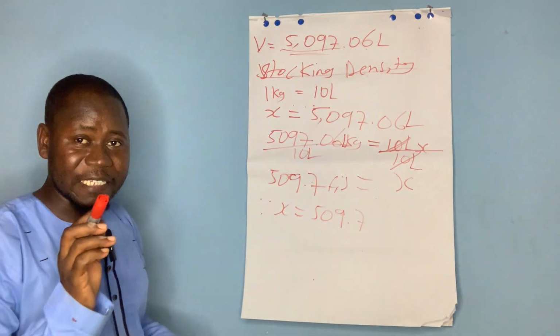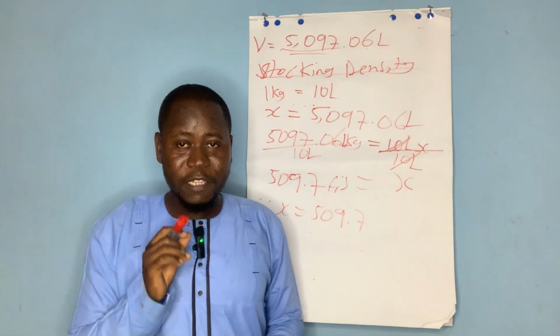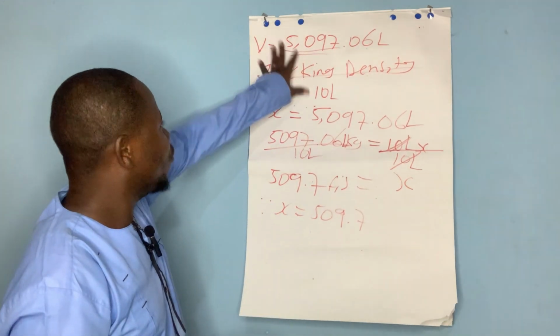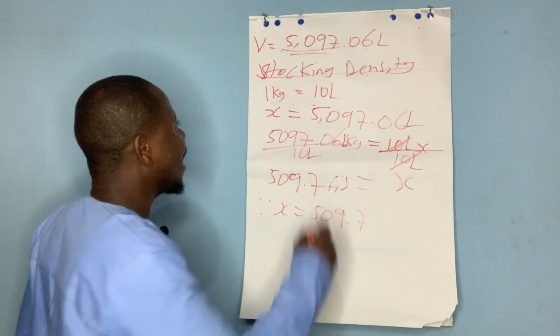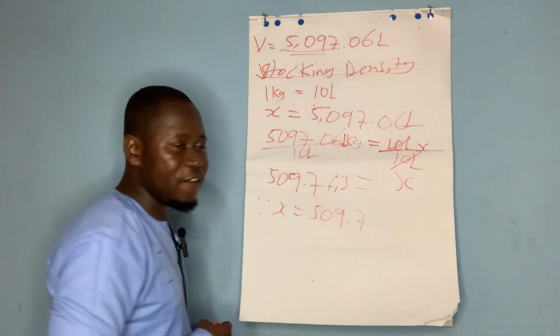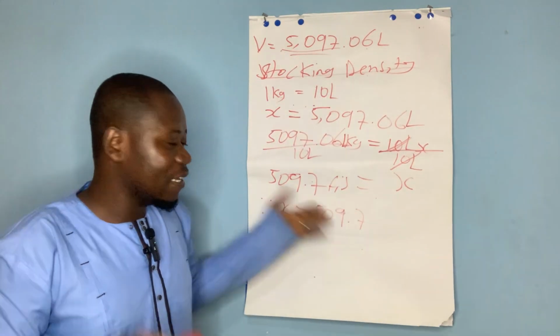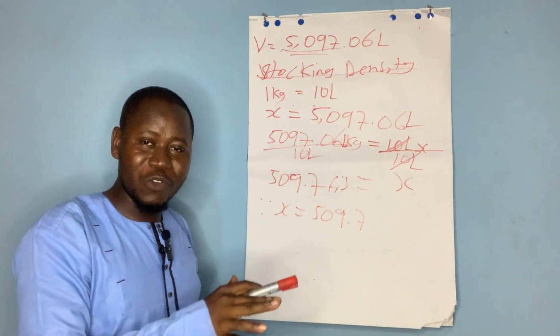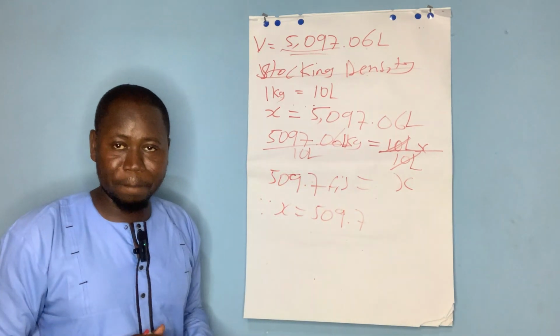So, like I said, getting the volume is the difficult thing. Once you get the volume, like we had it, we could simply put it in our calculator and divide it by 10, and we get it. As simple as that. But I just want to take you through the calculation so you know how to calculate it step by step.